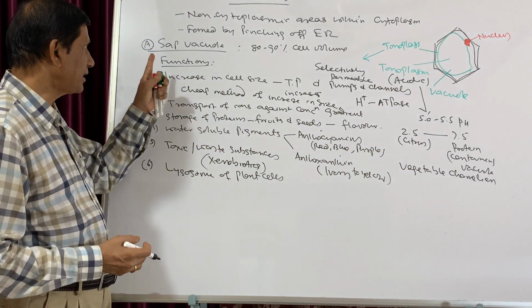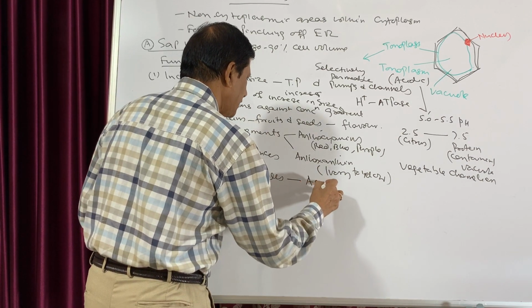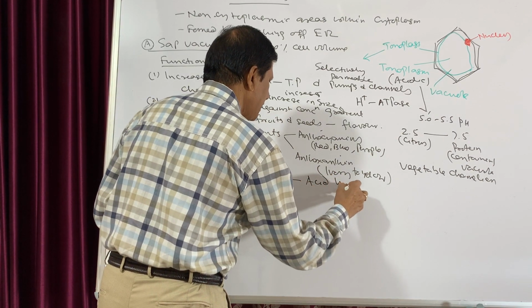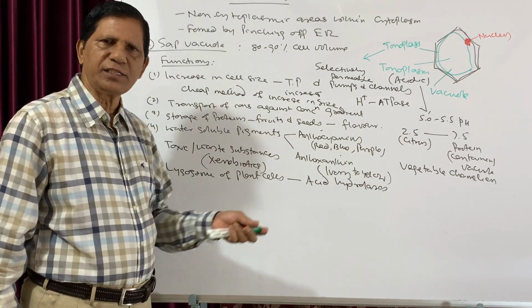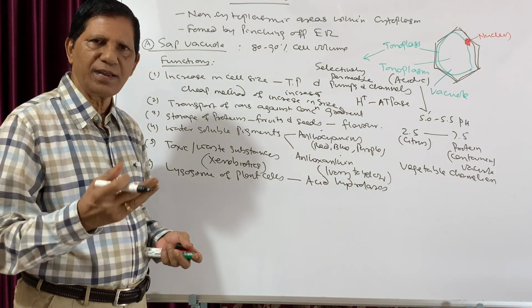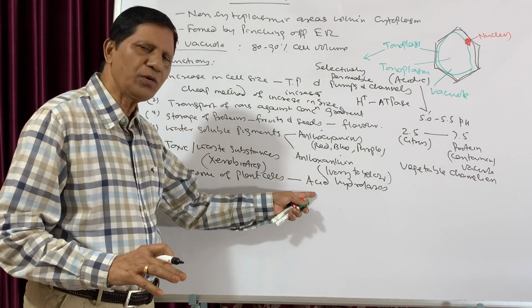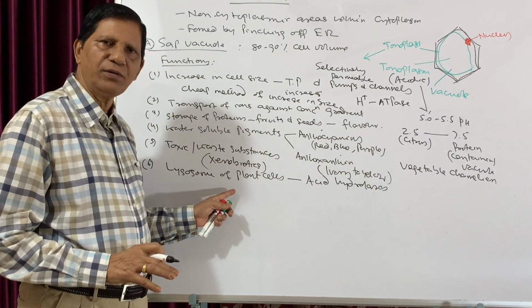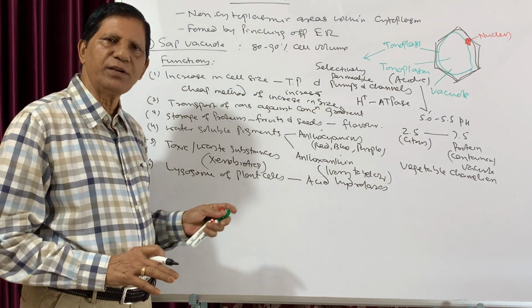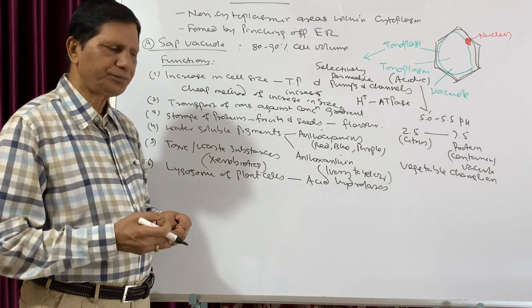It is the sap vacuole which contains all the digestive enzymes, known as acid hydrolases. Whether it is nuclease, protease, lipase, carbohydrases, all these enzymes, commonly known as acid hydrolases, are present in the sap vacuole. That is why the sap vacuole is also considered a plant lysosome.